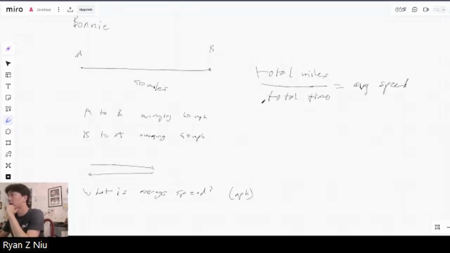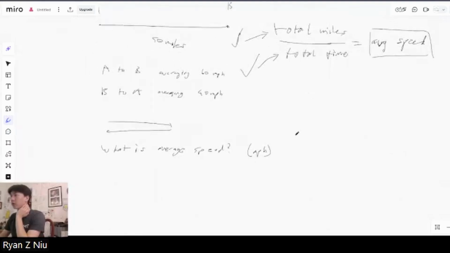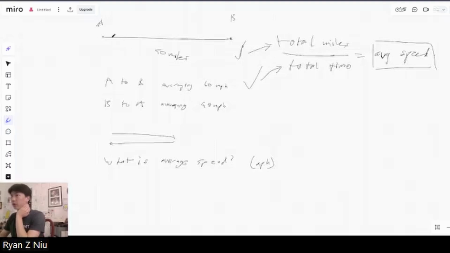Here, the numbers we need to find are the total number of miles and the total time, because this over this will give us the average, which is exactly what we want to find. Breaking down this average speed into, okay, we want this and we want this, is something important to know.